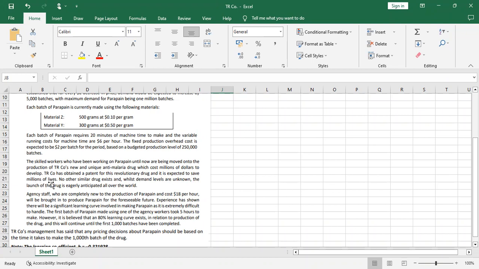So this time TR company has a patent for which product? For this medicine, which is called the new anti-malaria medicine.